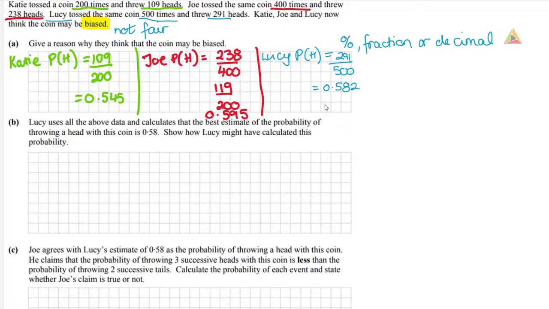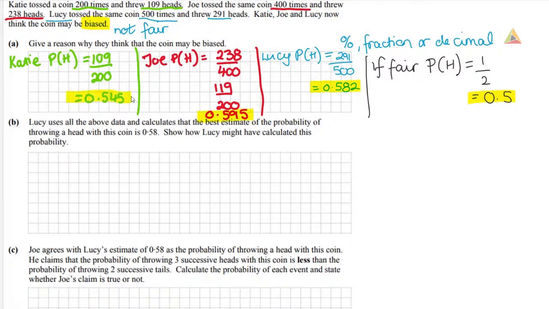So if this was a fair coin, so that would be not biased, we would expect the probability of a head to be 1 out of 2 outcomes, or 0.5. So when I compared that 0.5 probability to 0.582, 0.595, and 0.545, I'm seeing that each of them got a higher probability of getting a head.